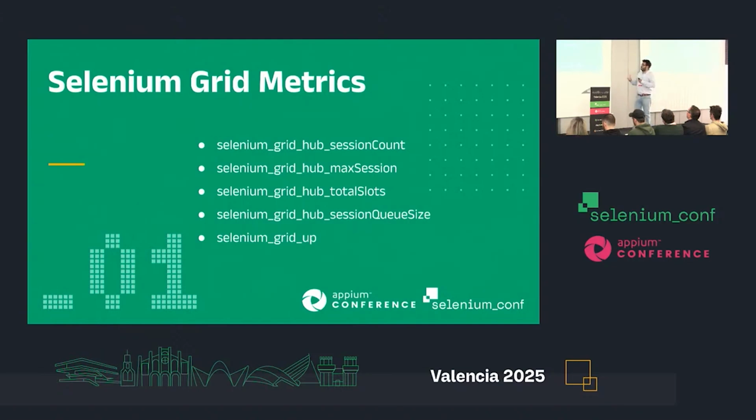We want to create an exporter that exports all these metrics to Prometheus by making API calls to the Selenium Grid, which is up and running. And we have the session queue size, or we can even check whether our grid is up and running. If it's down, we just notify our teams: the grid is down, you need to take some actions, and prevent this from happening again in the future.